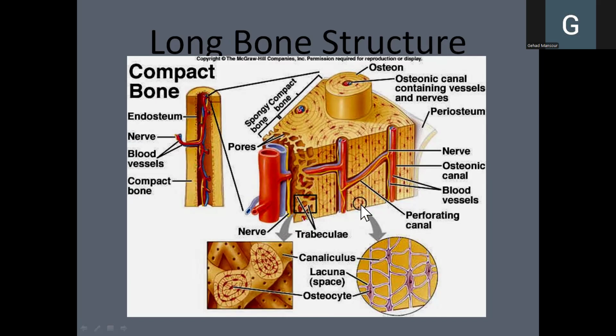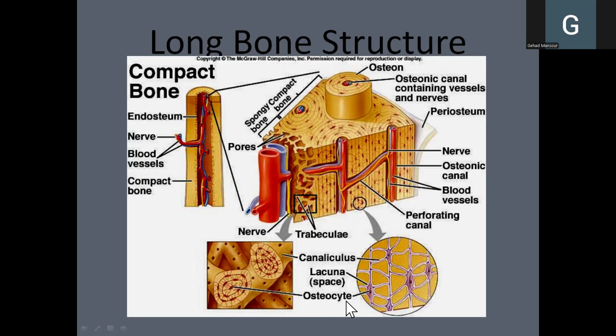If we look at this part of the compact bone and enlarge it, we will find that those densely calcified bone structures are formed or contain mature or immature bone cells. Here, they are mature because they are called osteocytes.